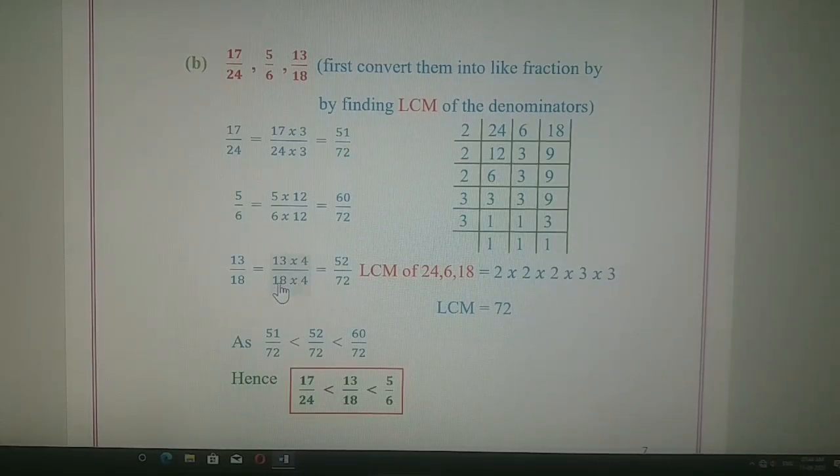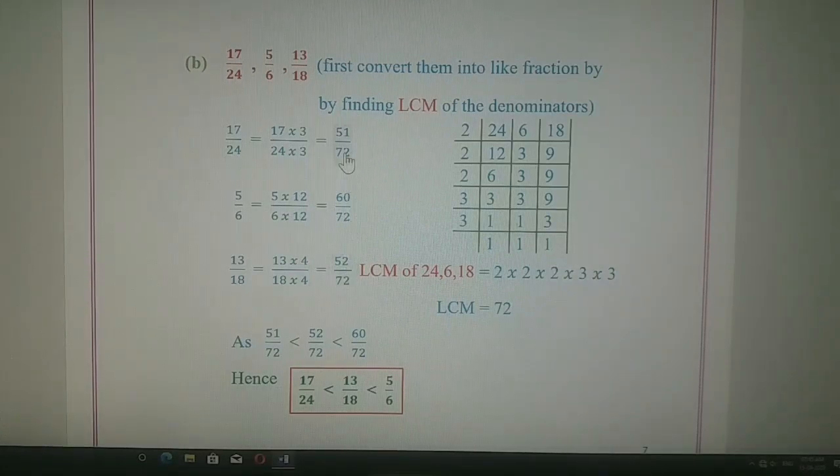So 13 4s are 52. 18 4s are 72. So the equivalent fraction of 13 upon 18 will be 52 upon 72 such that the denominator will be the LCM integer 72.